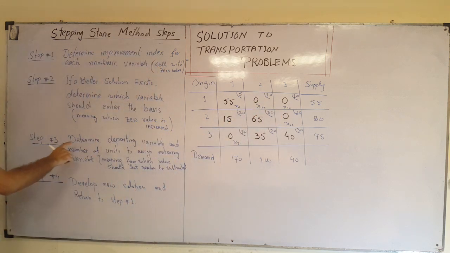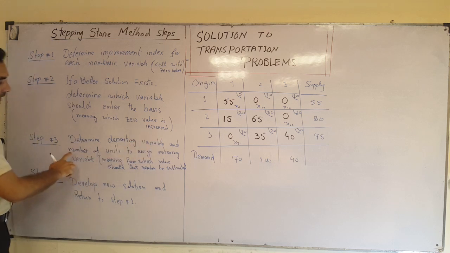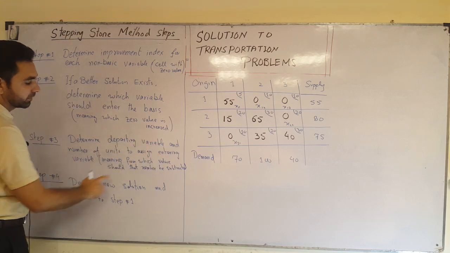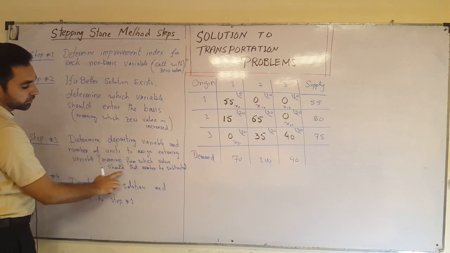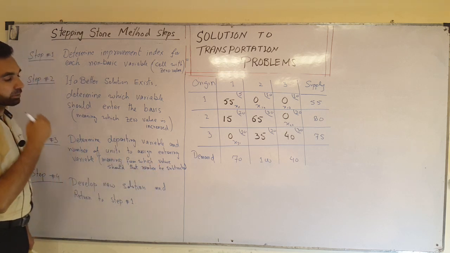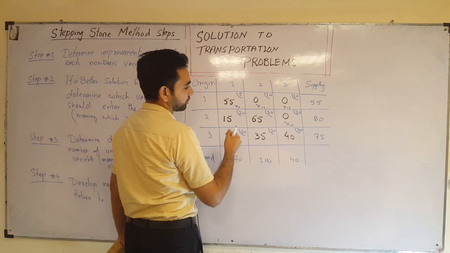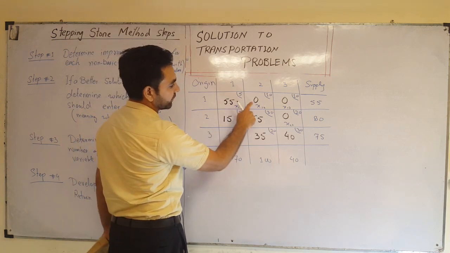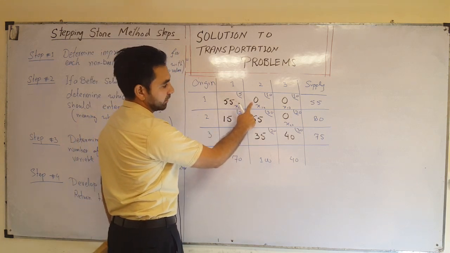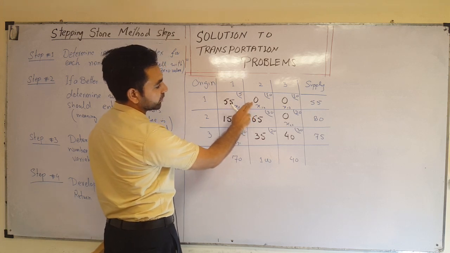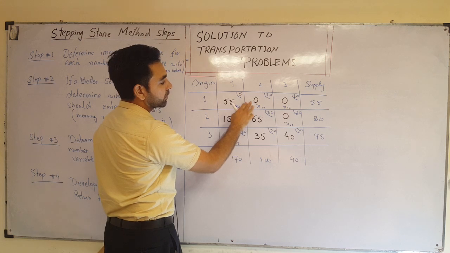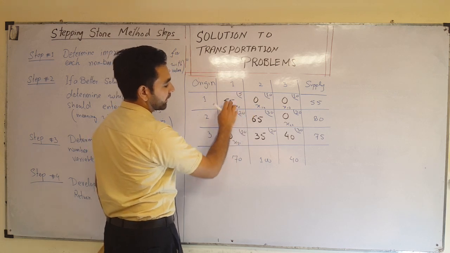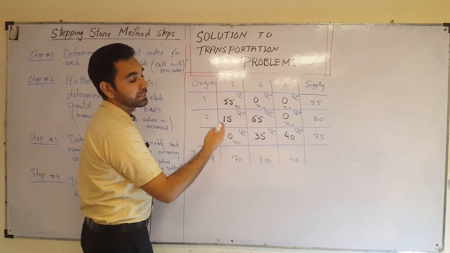Then the next step says to determine the departing variable and the number of units assigned to the entering variable, which means from which value that number should be subtracted. For instance, if this is the entering variable, which means this 0 should be increased, then any of these 3 should be decreased.